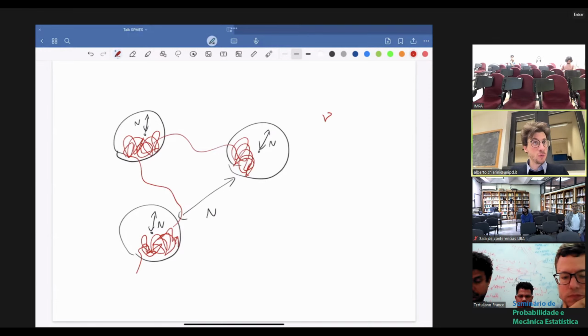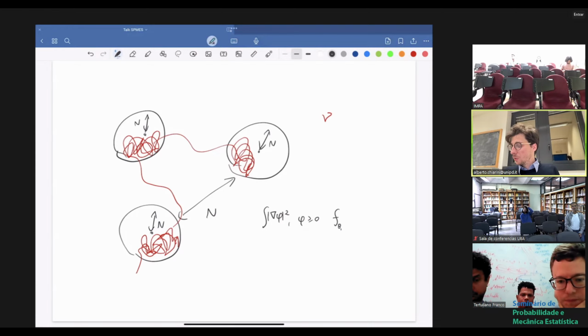How does the random walk look like? Well, this should be nothing more than the rate function minimizing the Dirichlet energy among all functions phi such that each one of these constraints is satisfied, with theta exactly as before, for all balls. Maybe I have n balls, maybe 10 balls there.